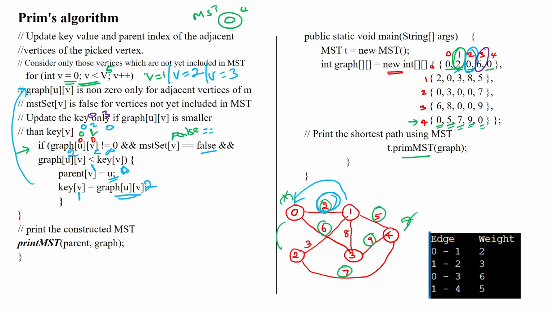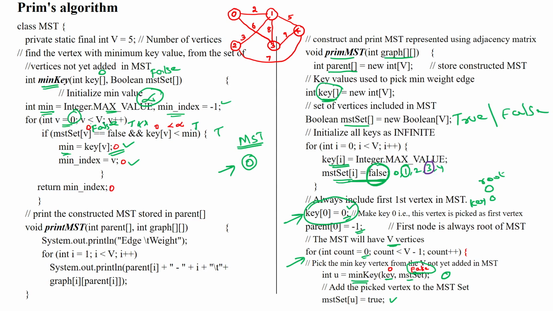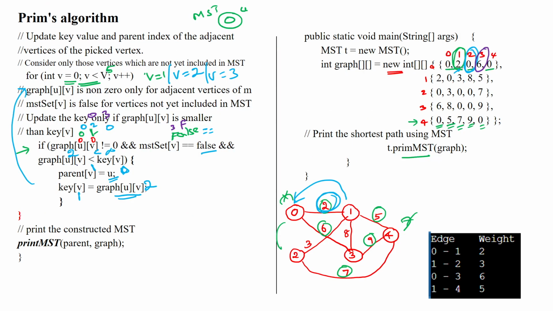Then MST of 3 is false, yes, we have already seen MST of 3 is false here. Then graph of U comma V, where U is 0, V is 3, is 6, less than the infinity value. So yes, it is less. So now parent of V, where V is 3 and U is 0, we are assigning 0 as the parent of 3. So now the edge value is updated.